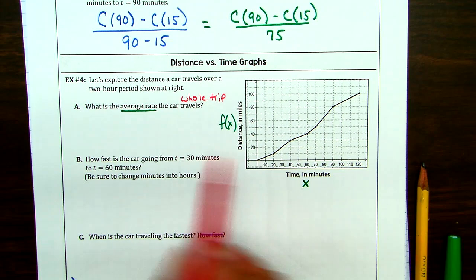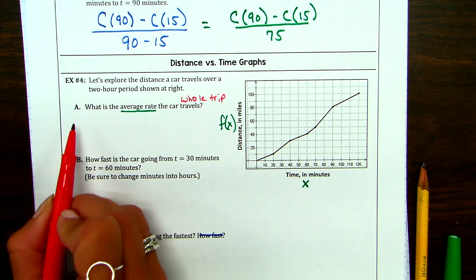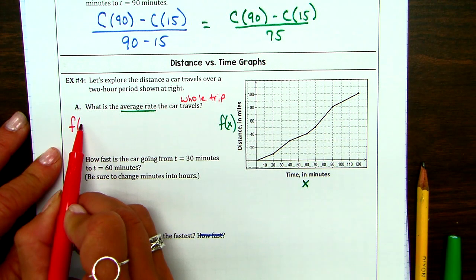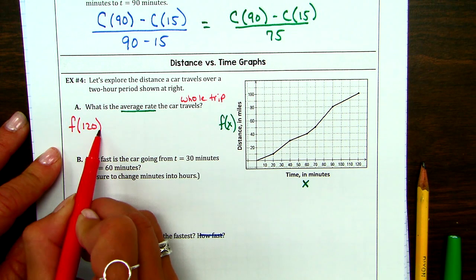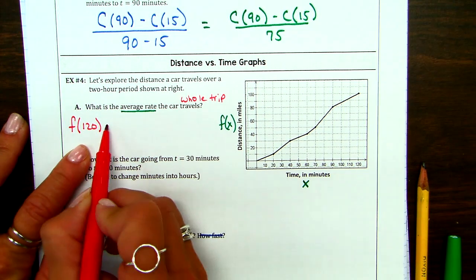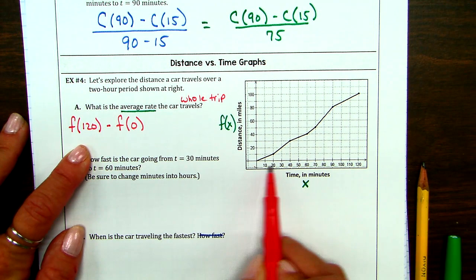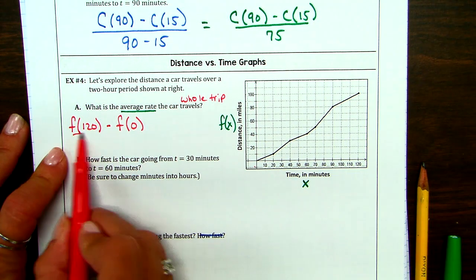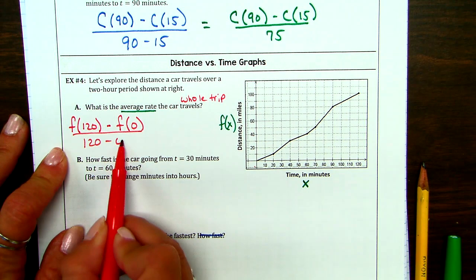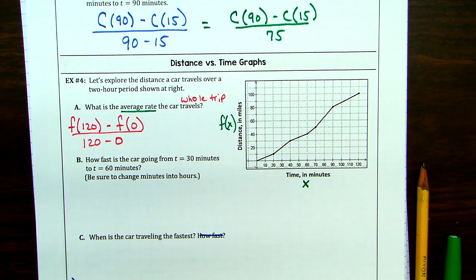So we want y's on top. So f of 120, that's the most amount of time we went, furthest distance, right, from 0 to 120. Again, the order can change.